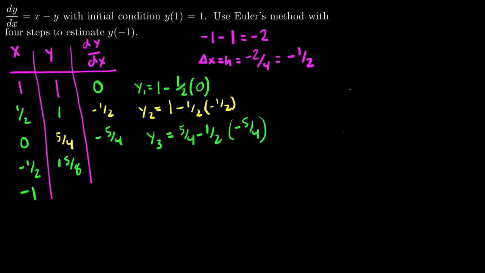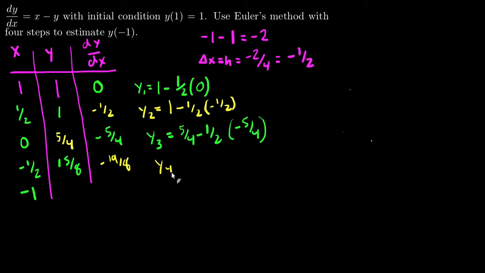And one more step. So in here, I do x minus y to get my slope. -1/2 minus 15/8 is -19/8.